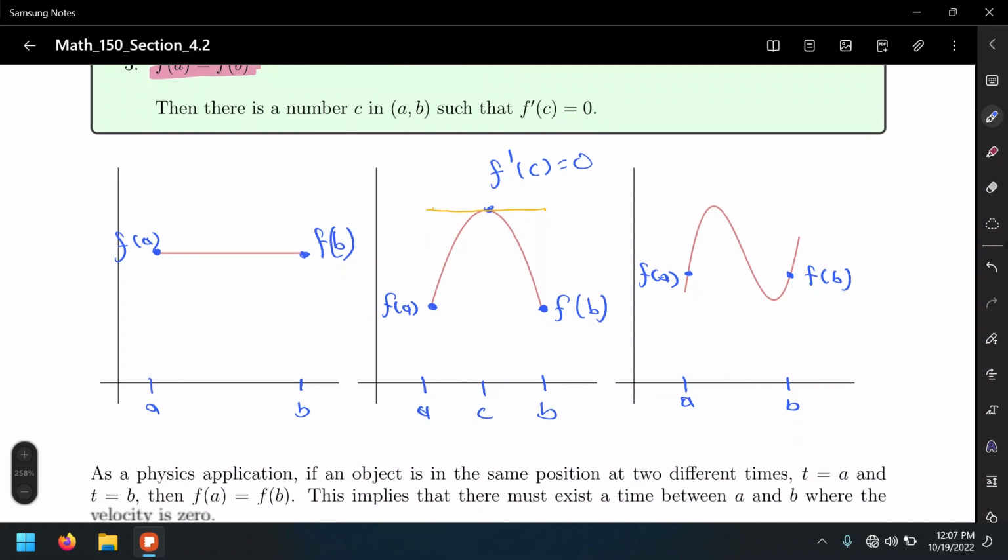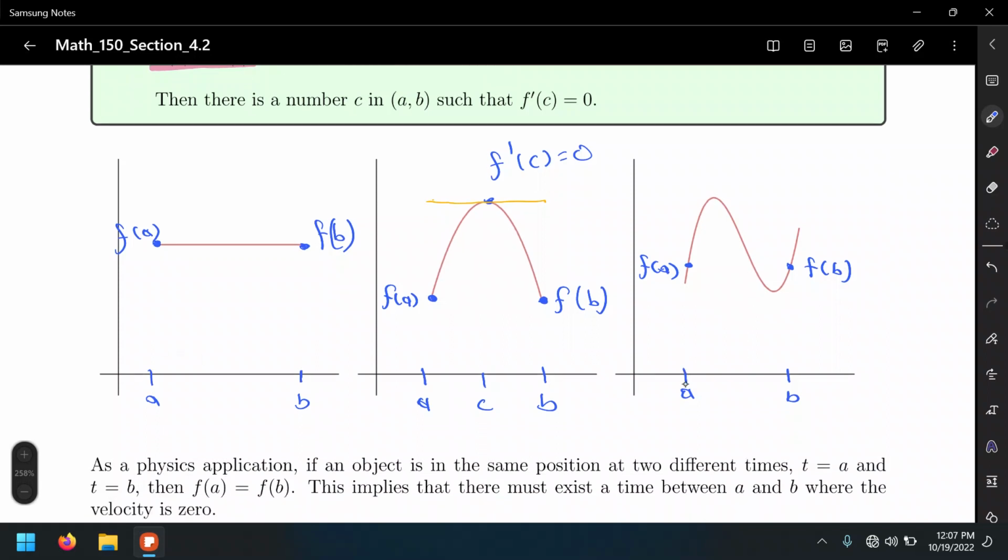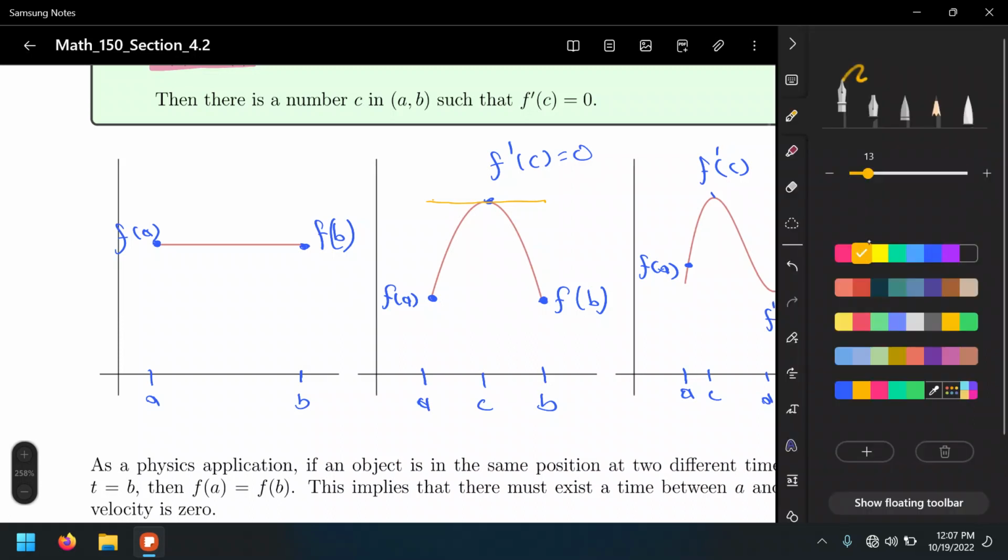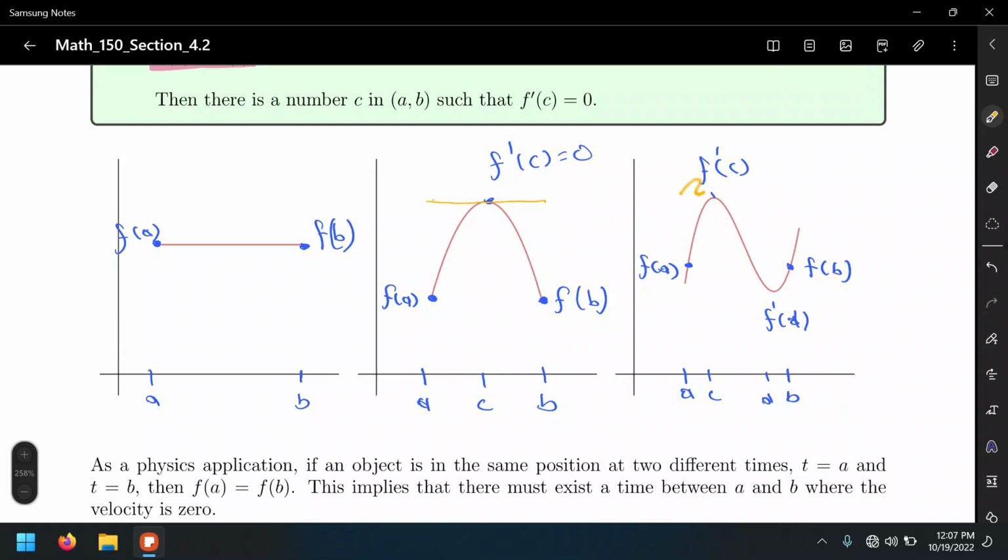In this case, for this function, notice in the interval A to B, we actually have two values: f prime of C and another, let's call this D, or f prime of D rather, for which the slopes at those points are 0.